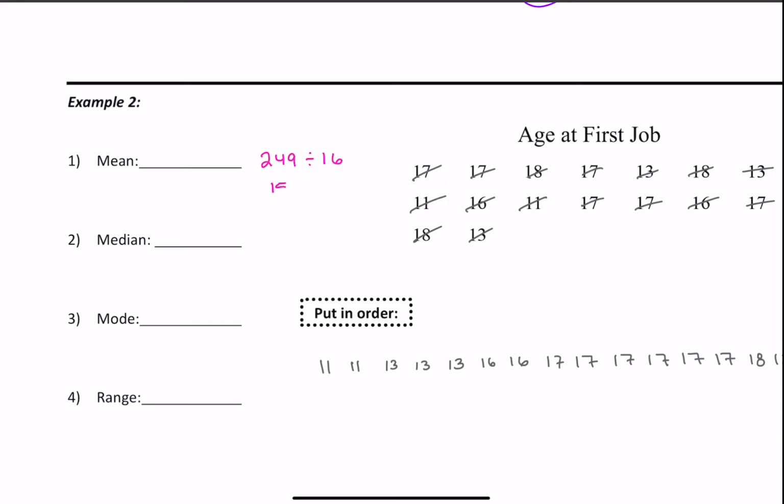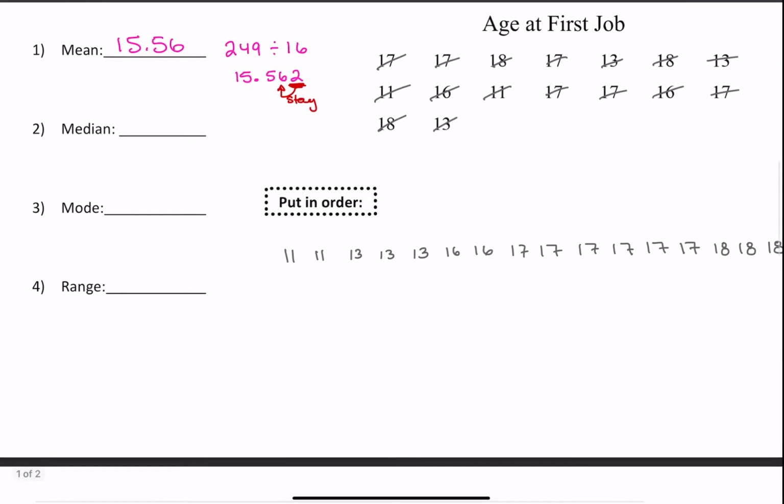So we got 15.562, and I only want to do it up to the second decimal. So this 2 tells me to stay when I round. So that means that I have a 15.56, because again, I only want 2 decimals. I don't want stupid big decimals. Please don't do that.